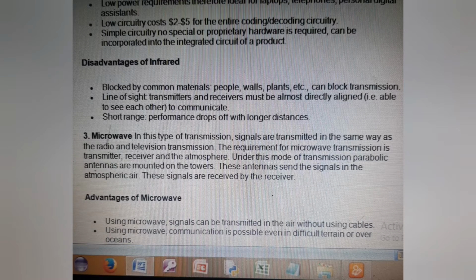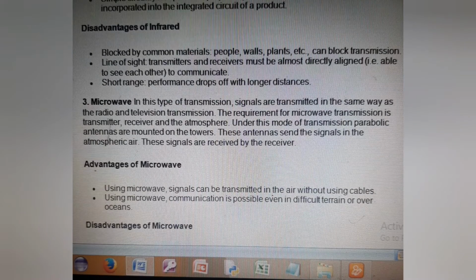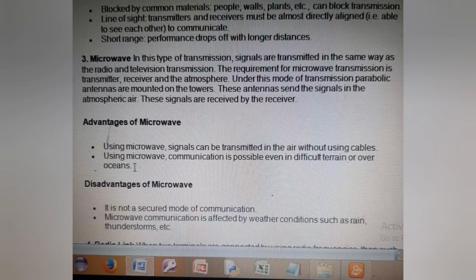Under this mode of transmission, parabolic antennas are required on our towers. If you do not have parabolic antennas, it becomes difficult to transmit the data. These antennas send the signals in the atmospheric air. The advantages are that microwave signals can be transmitted in air without using cables, because the antenna is very useful.